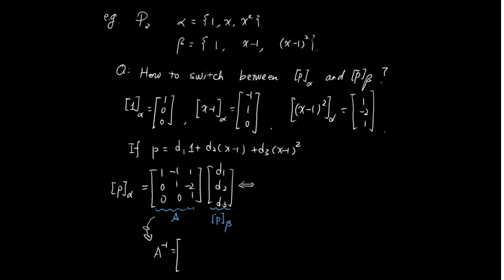A inverse is this quantity. Through some calculation, you should be able to find it out. Okay, then this tells us that not just can you switch from beta to alpha. If you want to switch from alpha back to beta, then simply multiply by A inverse. So if you have P alpha and you want to switch that to P beta, then all you need to do is multiply by A inverse.